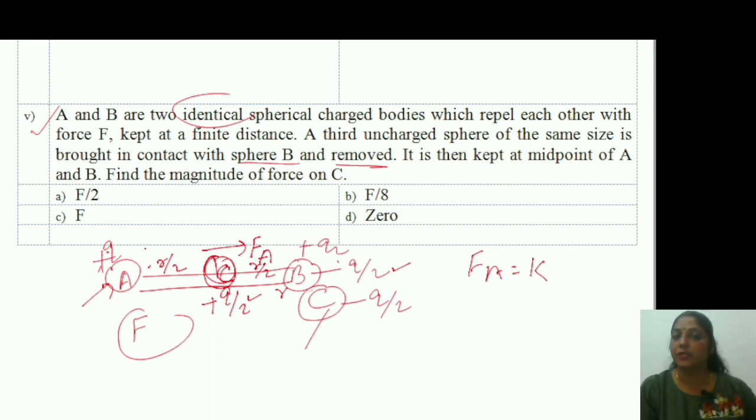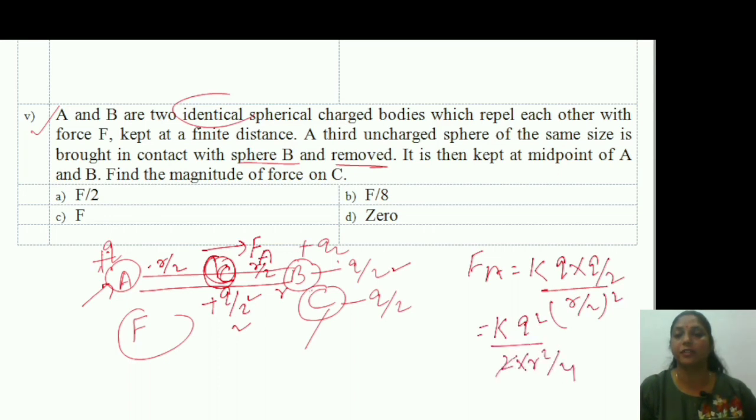A has charge Q, C has charge Q by 2. So K, first charge Q into Q by 2, by distance R by 2 whole square. So this FA becomes K Q square by 2 into R square by 4. These two cancel, and this 2 goes in numerator, twice K Q square by R square. This is force on C due to A.